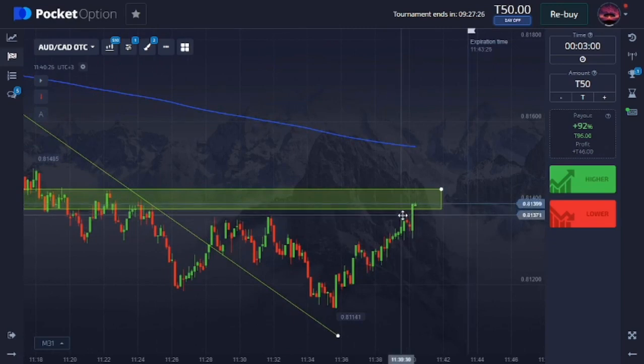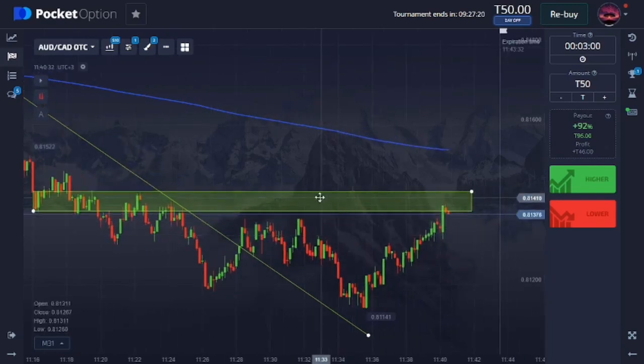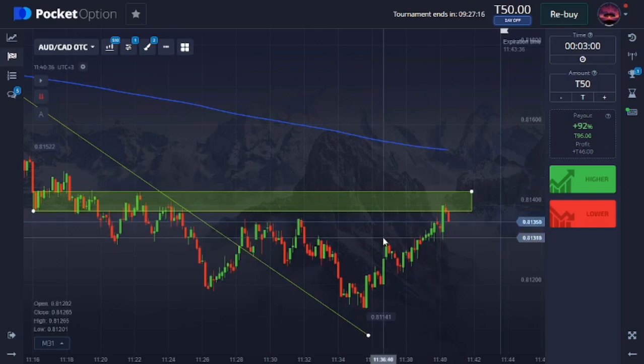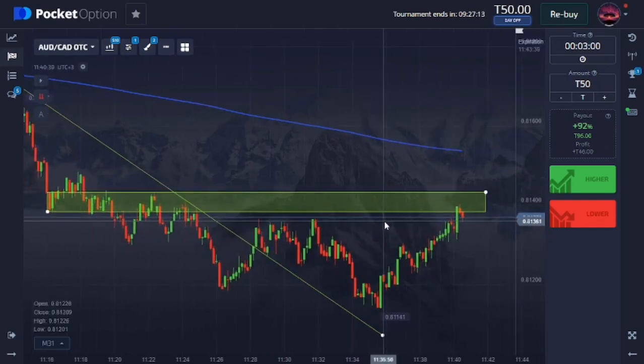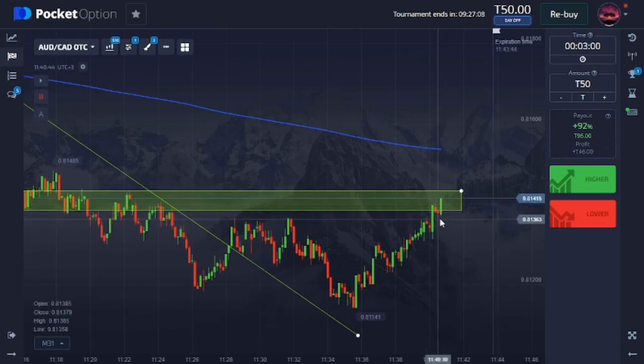Now the real strength comes here. We will see if it can pass it with a single candle, but I don't think that will happen. It is having a pullback now, trying to launch from this gap.